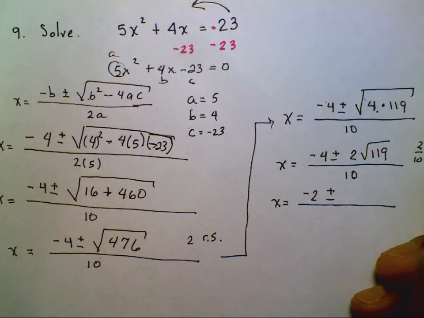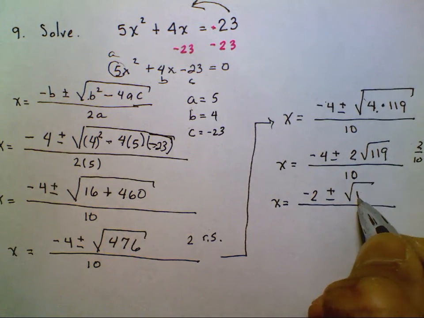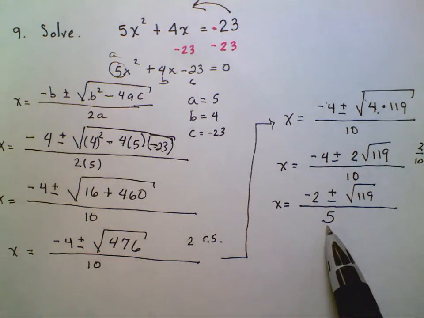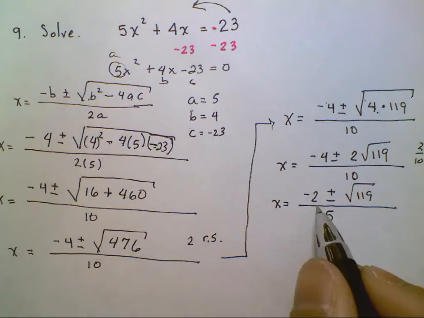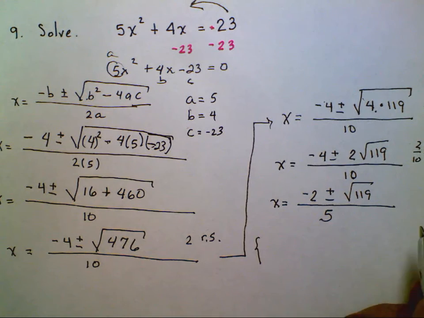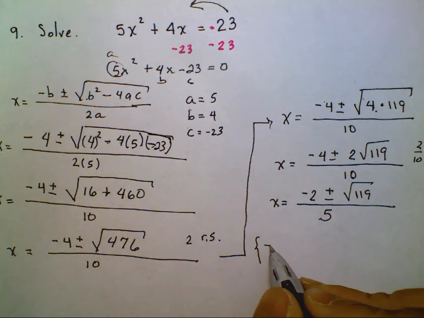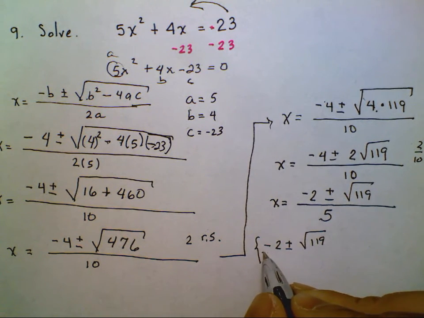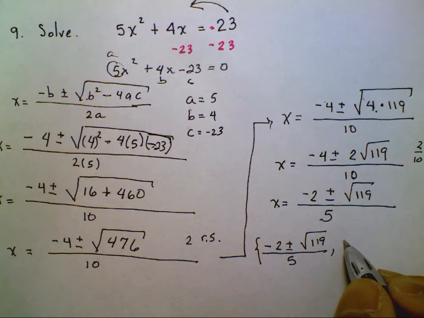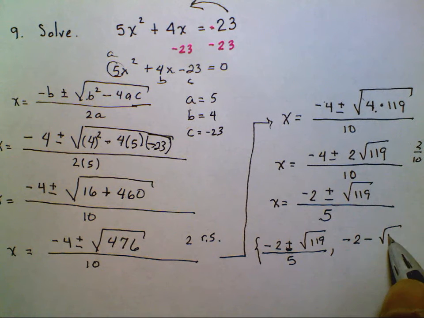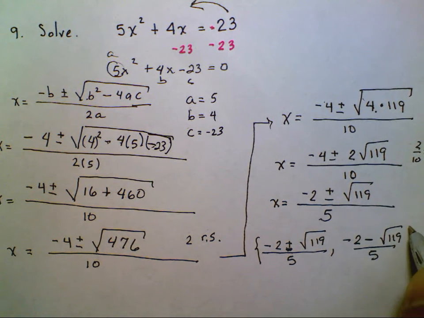So it's only 1 square root of 119 over 5, because 10 is 5 times 2, so you only simplify the 2. In this case, your solution, if you put it in brackets, 1 positive, 1 negative, you have 2 solutions. So you have negative 2 plus minus square root of 119 over 5, comma, negative 2 minus square root of 119 over 5. Well, this is the positive, and this is the negative. And that will be your solution for problem number 9 using the quadratic formula.